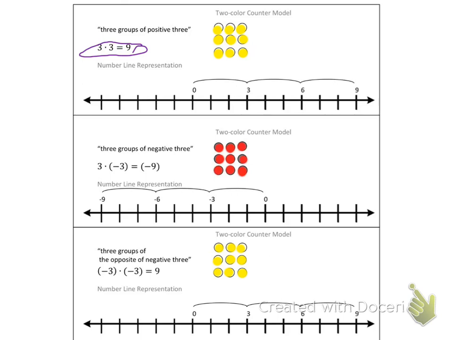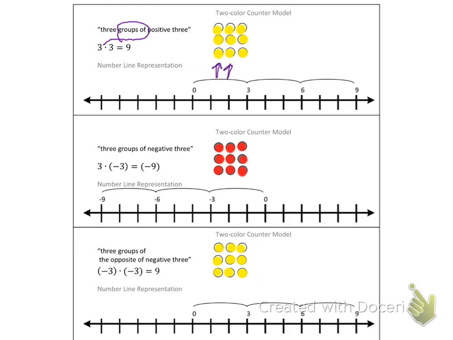You've seen problems like this first one your entire life. 3 groups of positive 3 is how you would read this. The multiplication sign really means groups of. So this would be 3 groups of 3. So you can see here we have 3 groups of counters.